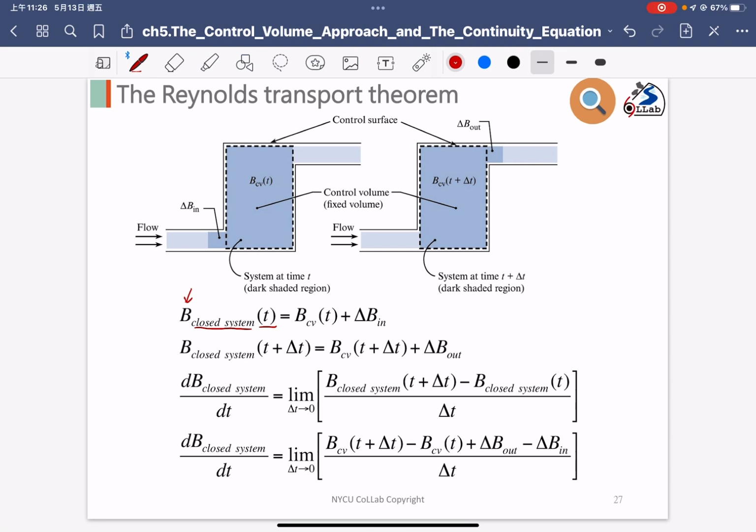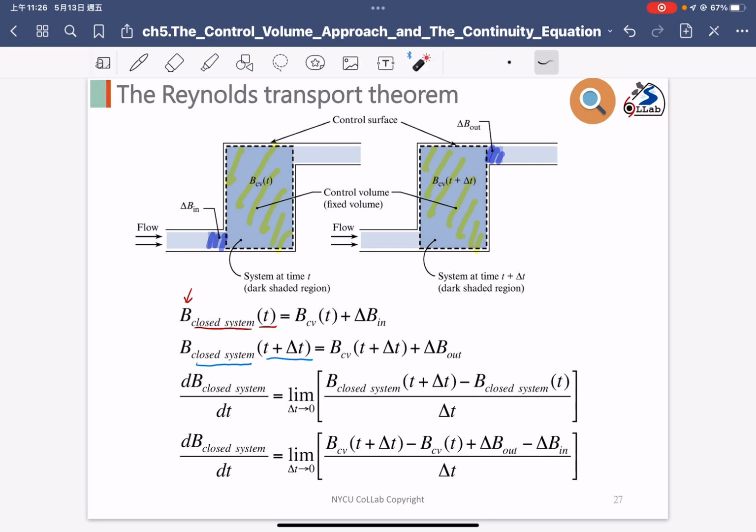Because this is the region here and the region inside the control volume. Okay, and with the same idea we also discuss the closed system, but at time t plus delta t. At that time point we also have BCV inside, and we have delta B out here.